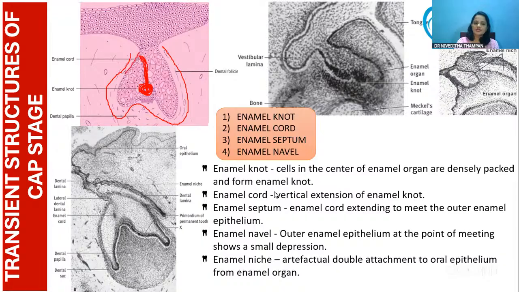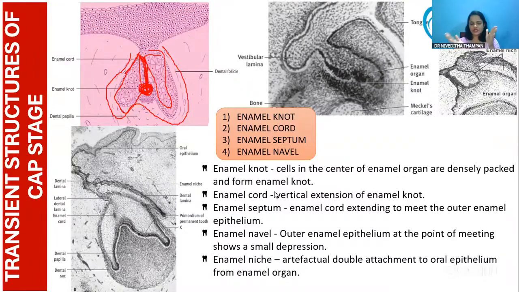When it reaches the epithelium, you can see the enamel organ is getting divided into 2 parts. When the cord touches the outer enamel epithelium, it seems like the enamel organ is separated into 2 parts. That particular structure is called the enamel septum.